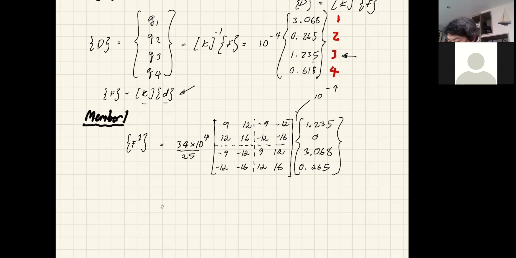This is the answer. The first one, can you recall that your member number one is like this? So F1 will be your force at node 1 in x direction, right? Which is minus 26.